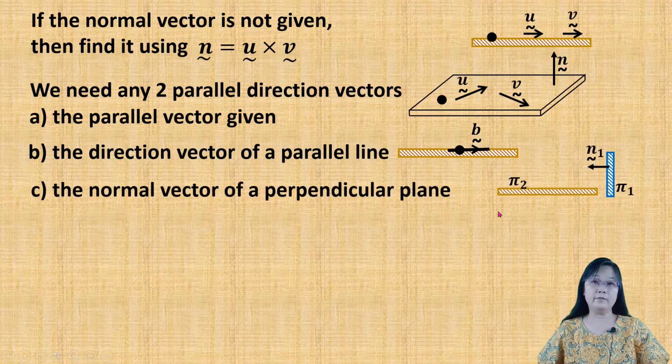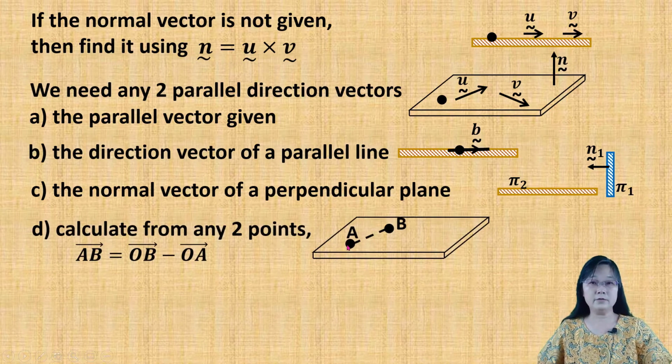Or when we are given that two planes are perpendicular to each other, then the normal vector of the first plane is actually parallel to the second plane. So the normal vector of the first plane can be used as the direction vector of the second plane.